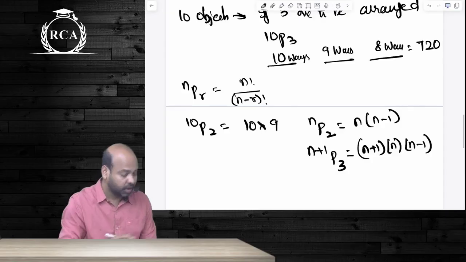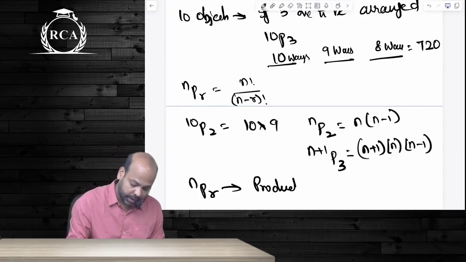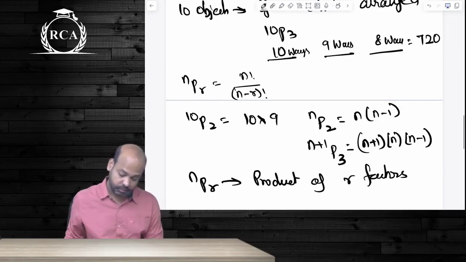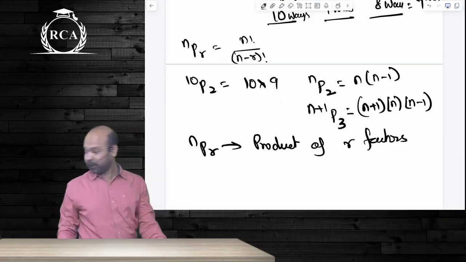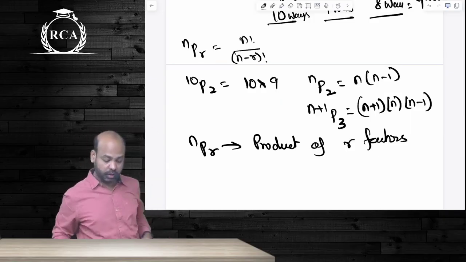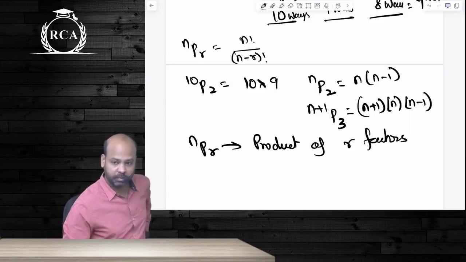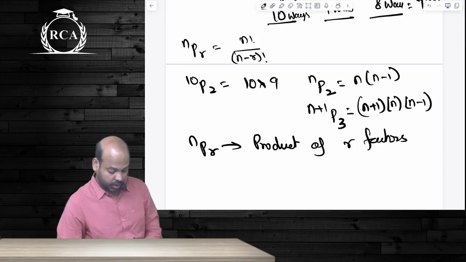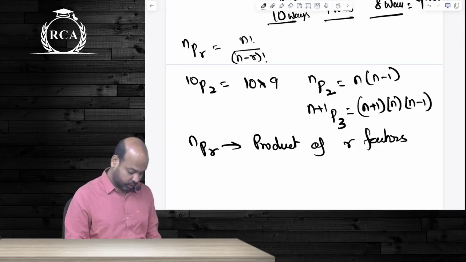Are we clear? So nPr is a product of how many factors? Excellent. Product of r factors. nPr is n factorial divided by n minus r factorial. 10p2 is 10 into 9. np2 is n into n minus 1. n plus 1 p3 is n plus 1 into n into n minus 1.